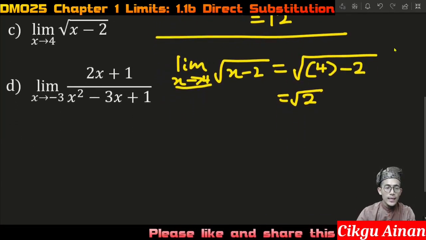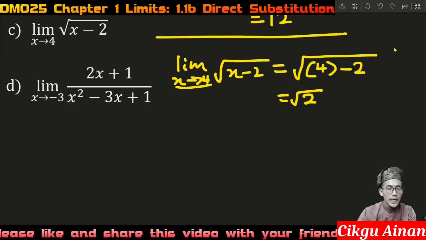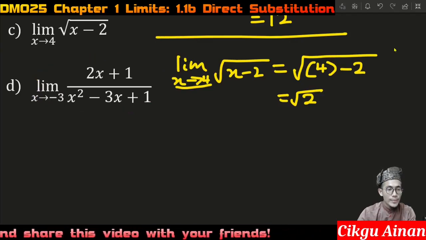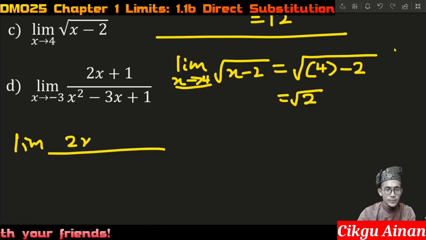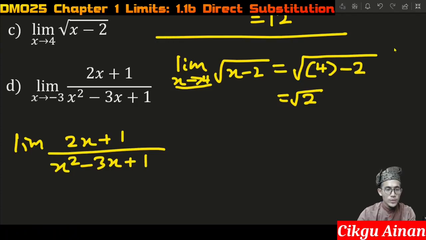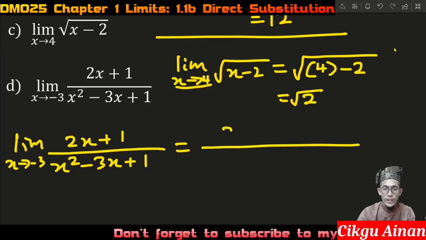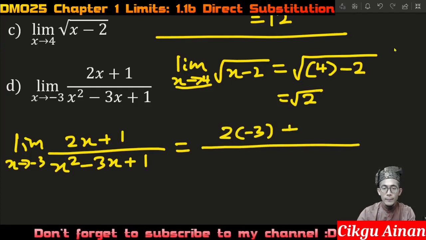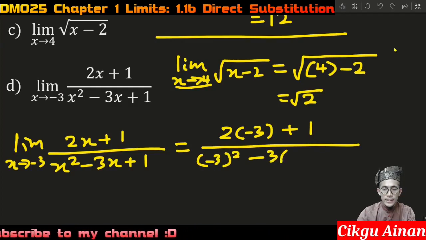Now, last but not least, not really, we have another 4 after this. Now for this one, maybe I write it first. The limit of the fraction 2x plus 1 over x squared minus 3x plus 1 as x approaches minus 3. This one we just directly substitute. So 2 times minus 3 plus 1, over minus 3 squared minus 3 times minus 3 plus 1.